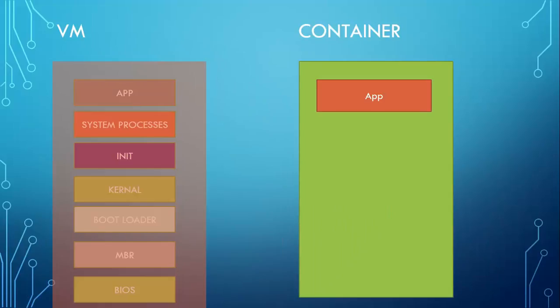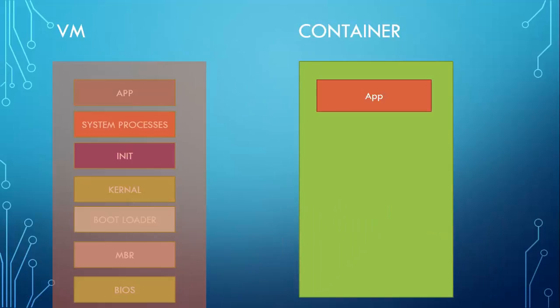It will initiate the VirtualBox BIOS, then load the MBR. After that, it takes a signal from the MBR to the bootloader. It initiates my OS, and then takes a connection to the kernel. On top of the kernel, it initiates my system processes and whatever else is required for booting up my system. So it takes all the connections of the OS, and on top of that I need to install the application. That is the workflow of virtualization technologies such as VMs.